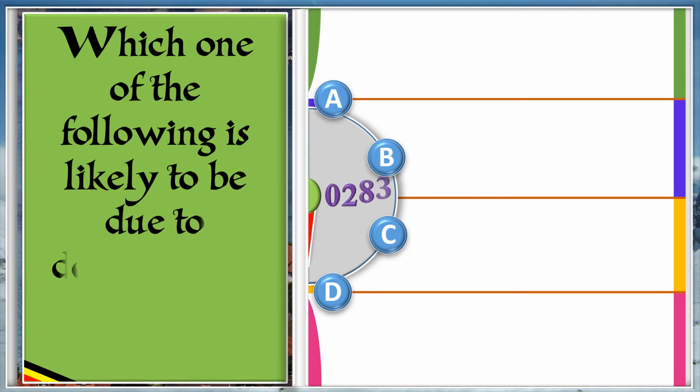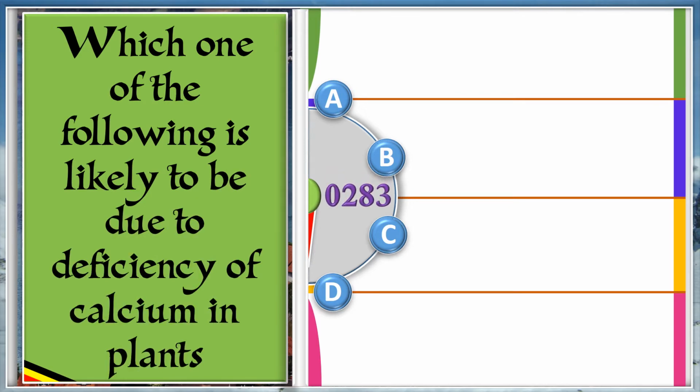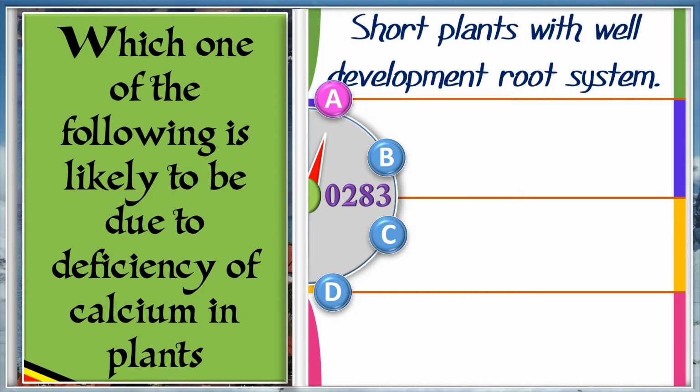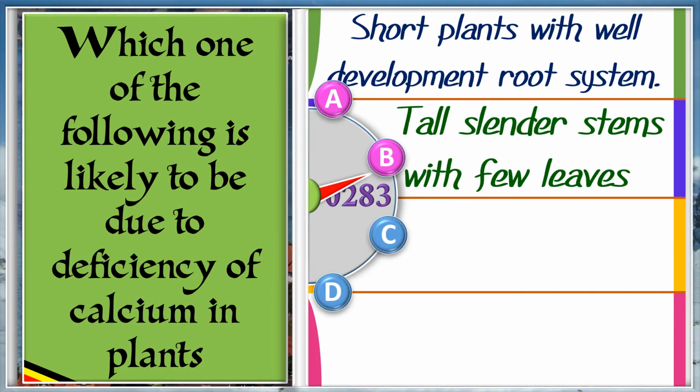Which one of the following is likely to be due to deficiency of calcium in plants? A. Short plants with well-developed root system. B. Tall slender stem with few leaves.